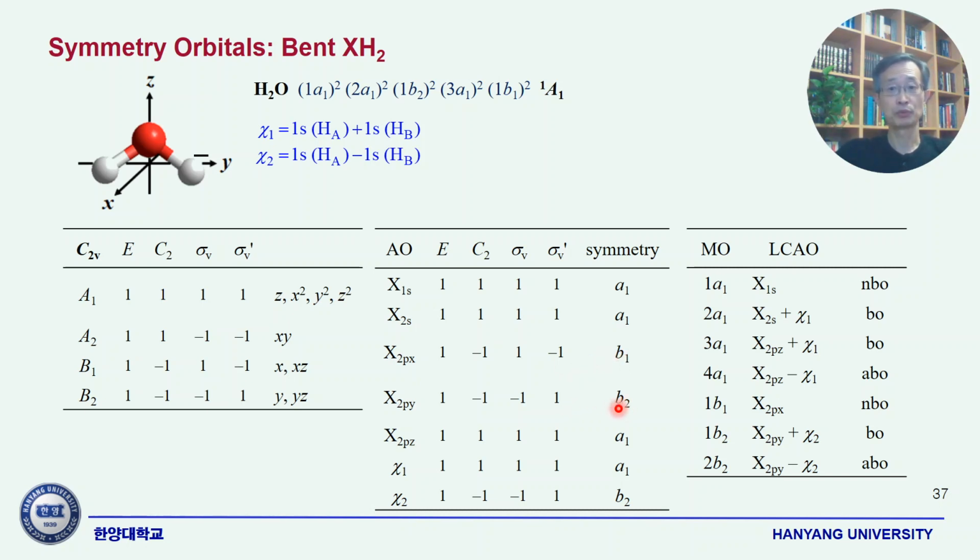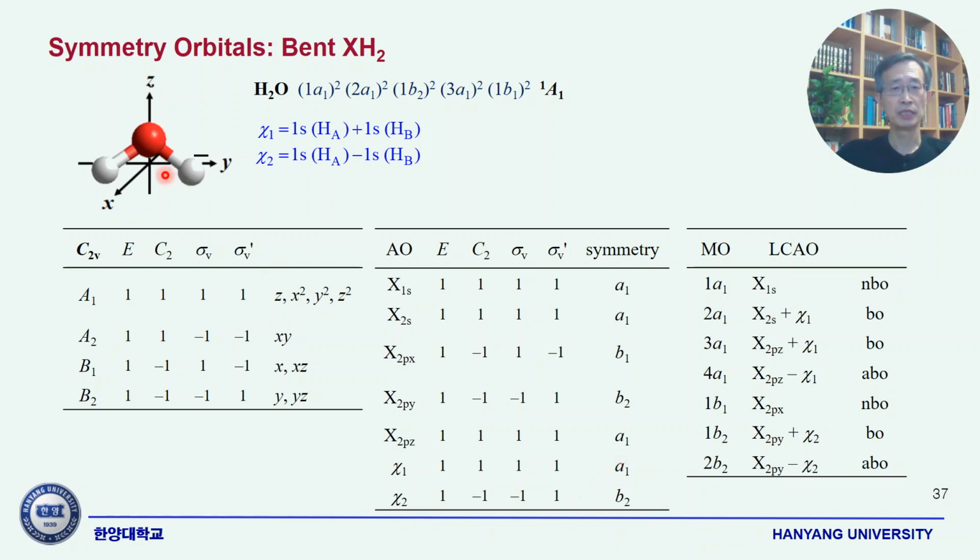So 2py is B2, just like here, Y is here, and also 2pz, Z is here, and A1 again. For this, the E operation leaves it unchanged, C2 operation leaves it unchanged, and then sigma v unchanged, sigma v prime unchanged. So this is also totally symmetric, A1.